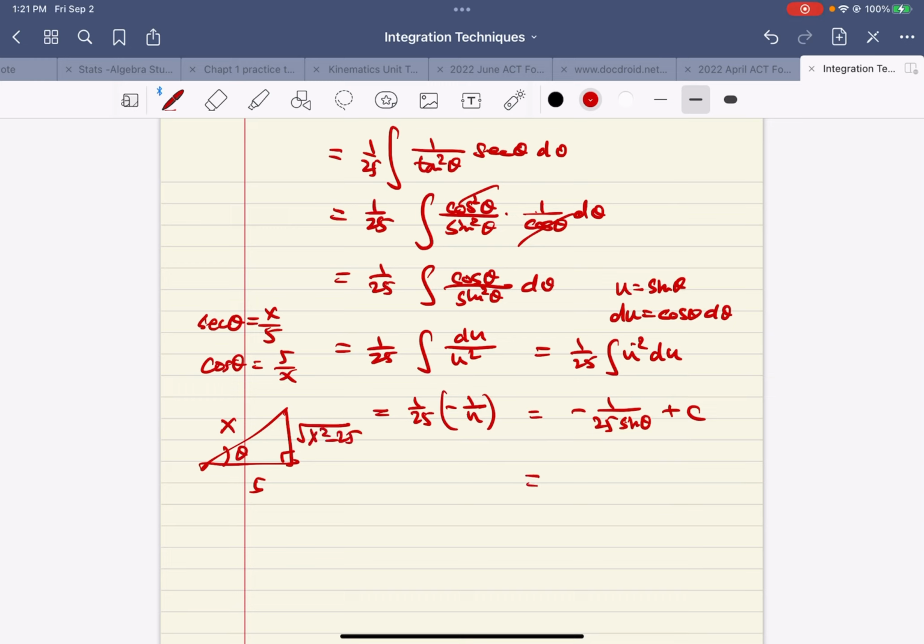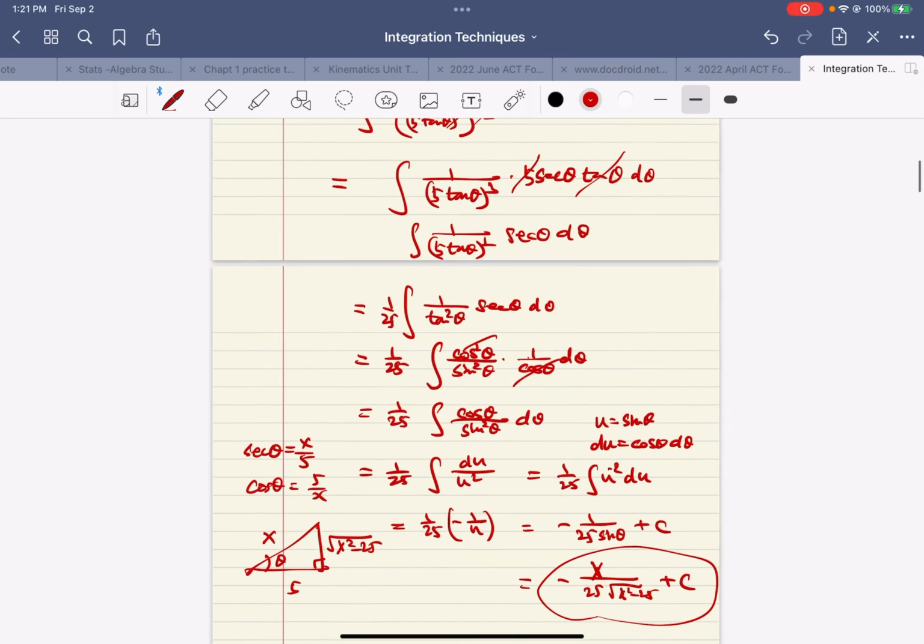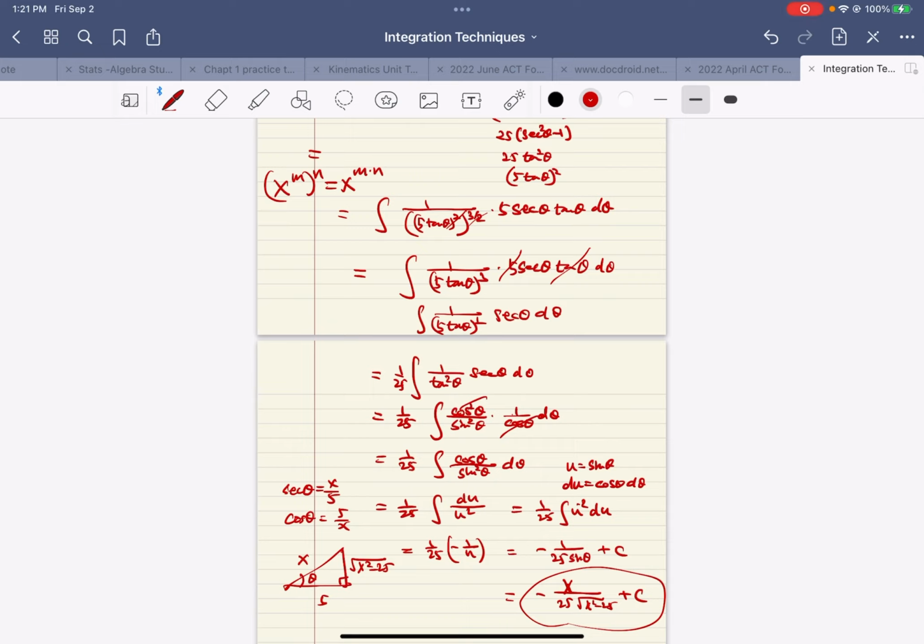So negative 1 over 25, sine is root x squared minus 25 over x, but you can put x on the top, plus c. So that's your final answer. Okay? All right, so I think I finished that one. So that's it for this video.